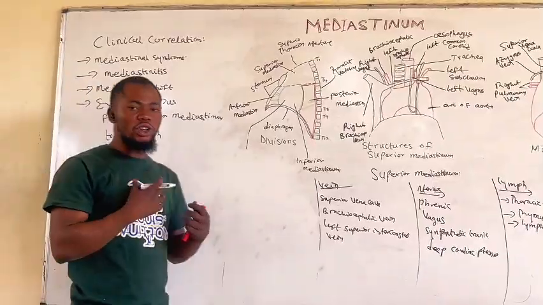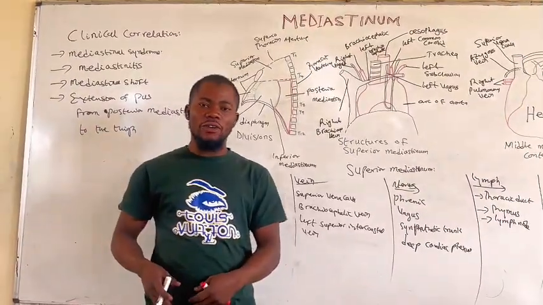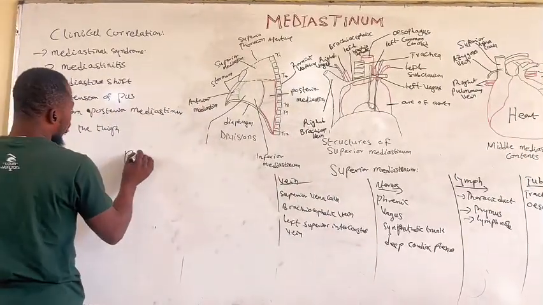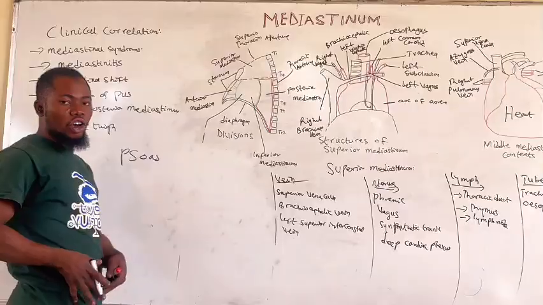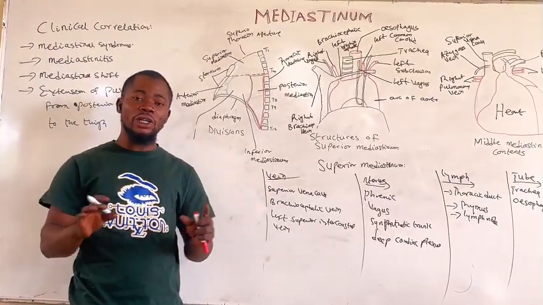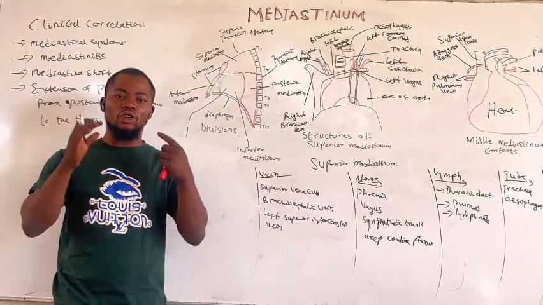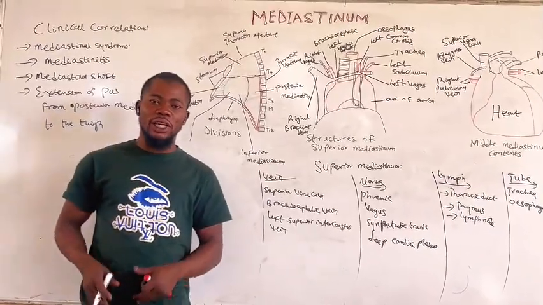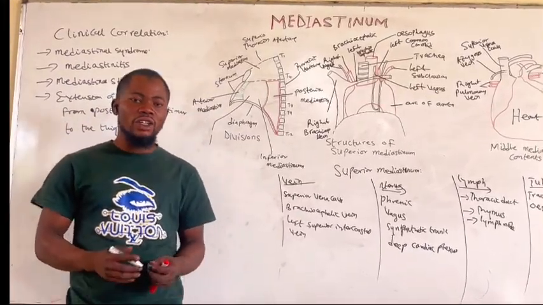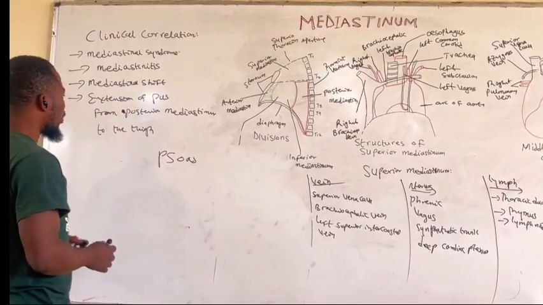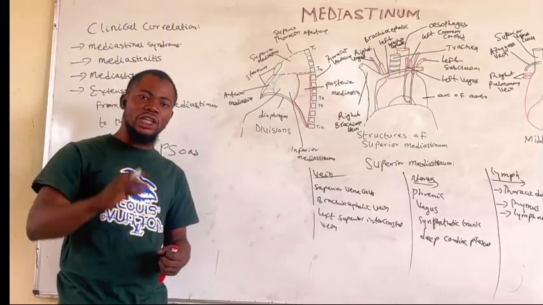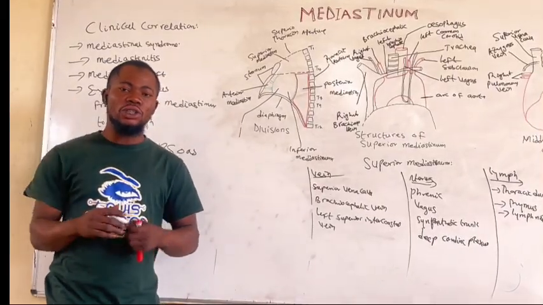So pus from the posterior mediastinum can reach the thigh at the level of the femoral triangle, because the psoas sheath communicates with the posterior mediastinum through one opening, and through that opening, the pus from the posterior mediastinum can travel down into the psoas sheath, then from there at the level of the femoral triangle, then into the thigh. So there is an extension of pus from the posterior mediastinum into the thigh through the orifice, which serves as a means of communication between the psoas sheath and the posterior mediastinum.